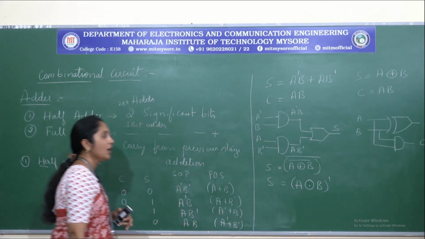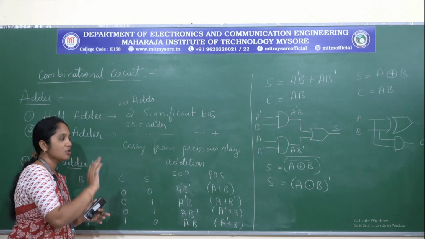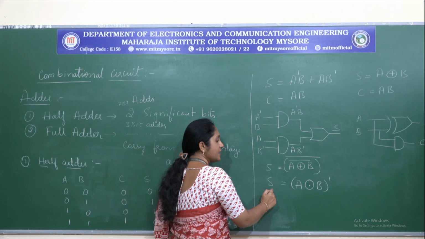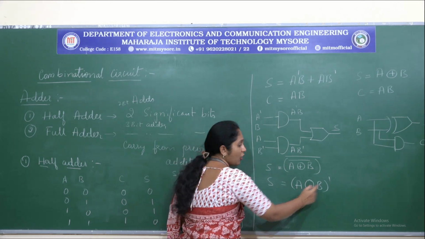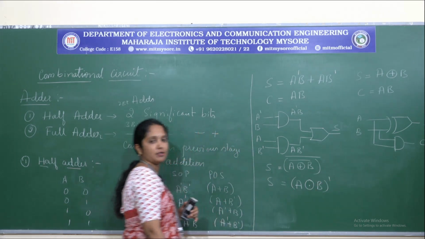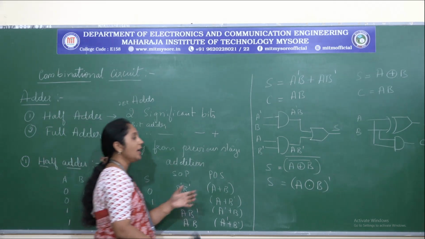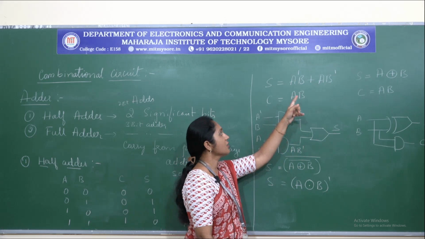I have used both bar as well as dash here, which is one and the same. But observe here what I have written. This is nothing but the complement of XNOR, so if the 2 complements cancel, then I am going to get XOR itself.